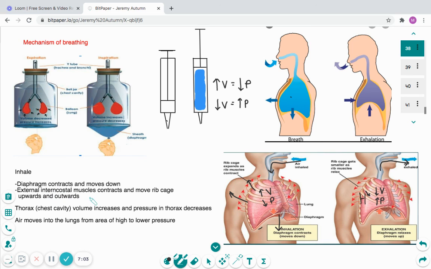External intercostal muscles contract and move the rib cage upwards and outwards. This causes the thorax volume to increase and the pressure in the thorax to decrease, and therefore air moves into the lungs from an area of high pressure, which is outside the body, to where there's a lower pressure inside the lungs, because that is where they're found, inside the chest cavity.